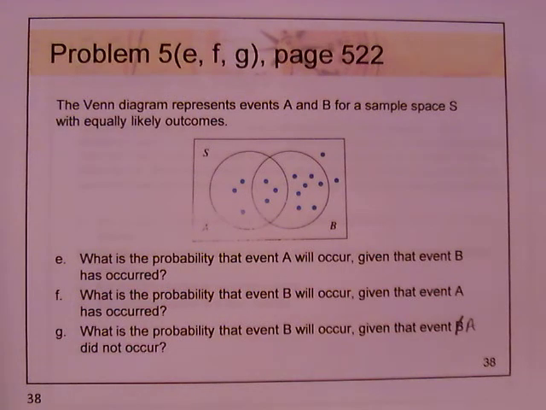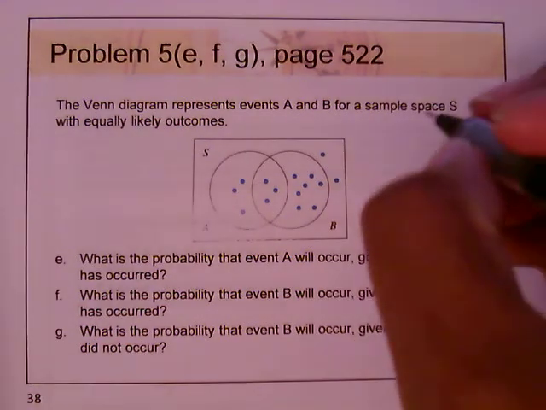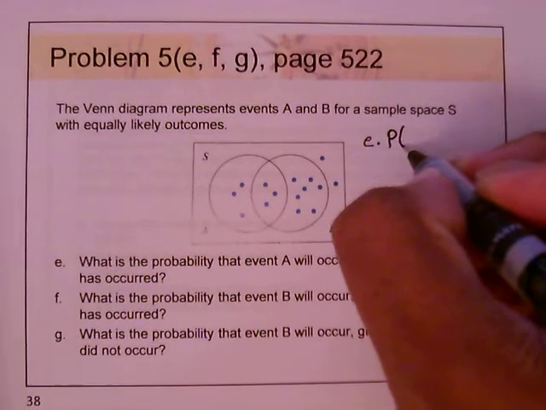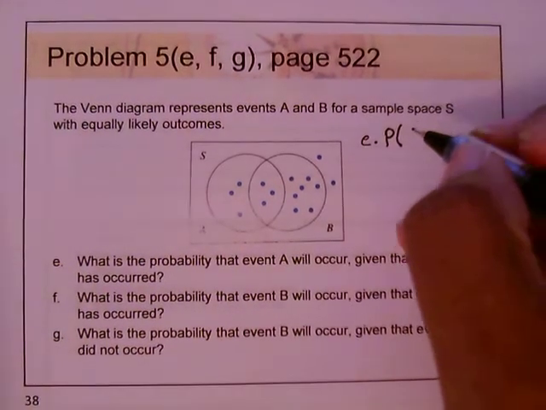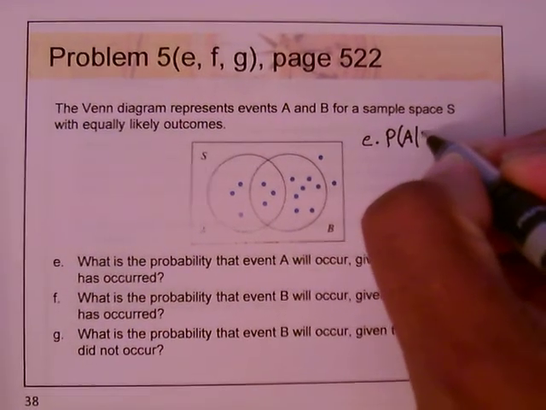Okay. Now, in this case, I'll just do E here. I'll just say here the probability of event A occurring, given that B has already happened.